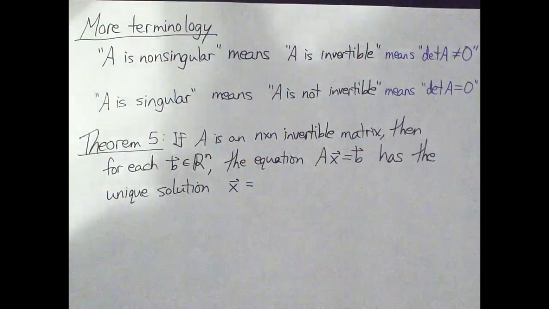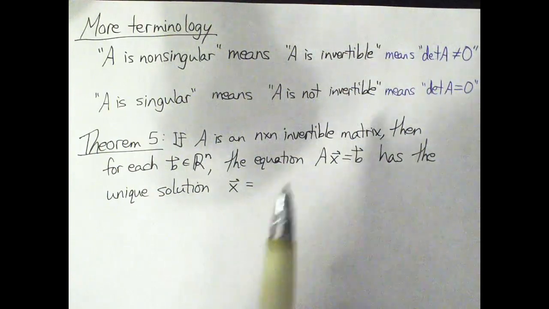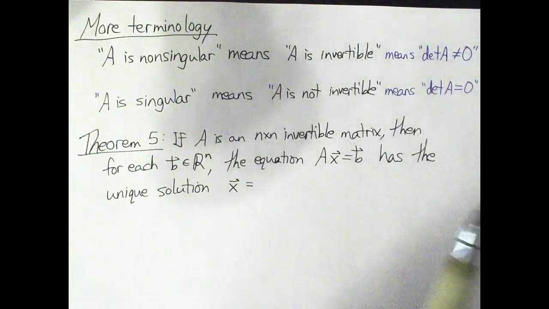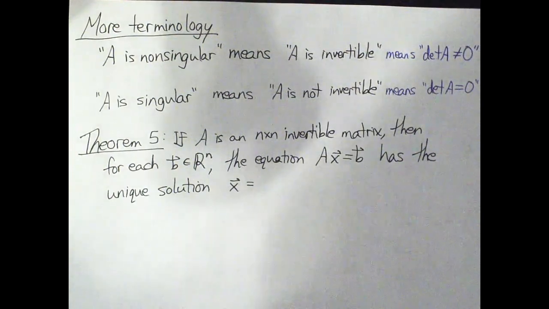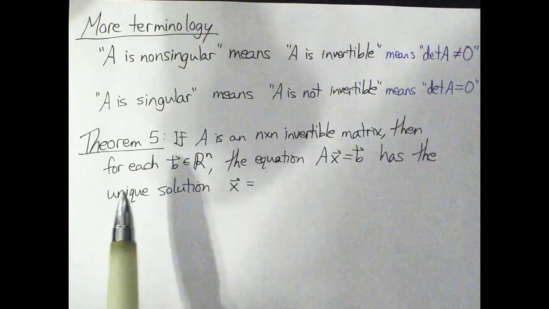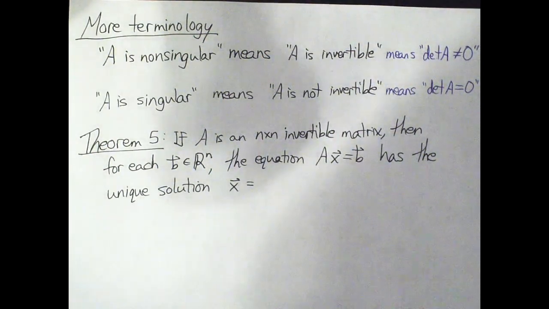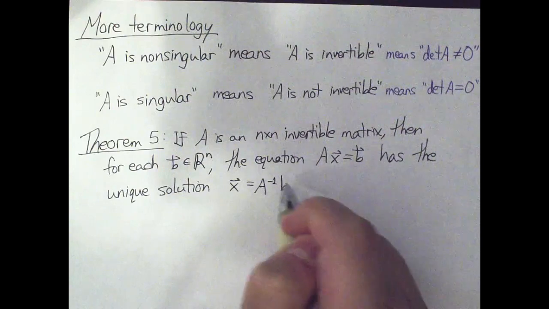I haven't told you what the solution is yet. But we're saying if A is invertible, then for any vector B, the equation Ax equals B has a unique solution. We could put a period here and that would already be a useful theorem, knowing that it has just one unique solution. But this theorem goes further and actually tells us what the solution is. The solution is x equals A inverse times B.